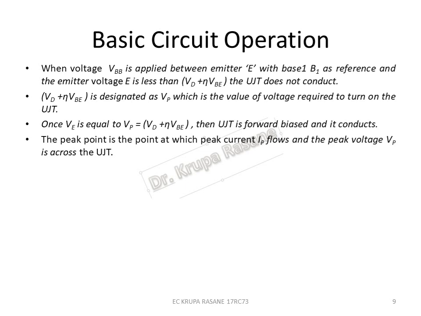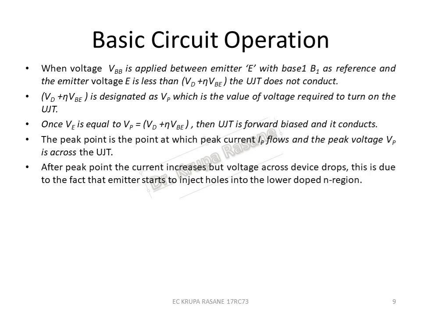The peak point is the point at which peak current IP flows and the peak voltage V peak is across the UJT. After the peak point, the current increases, but the voltage across the device drops.